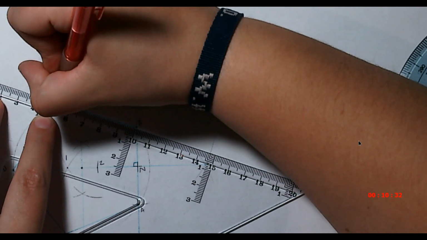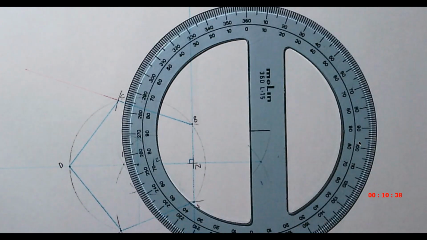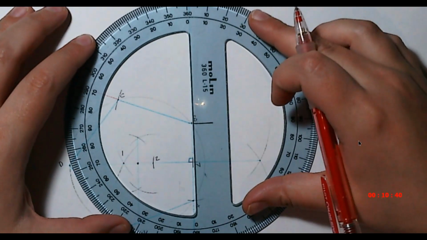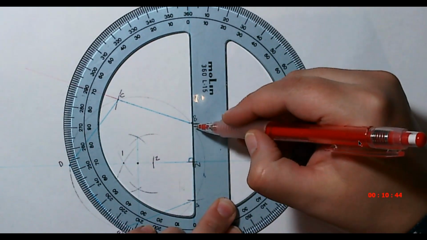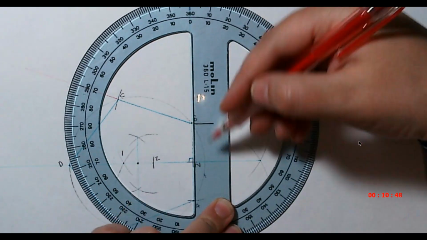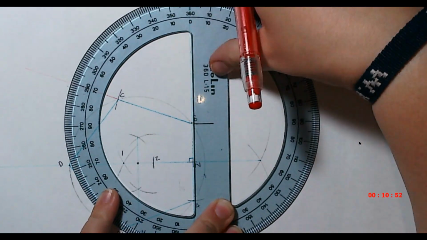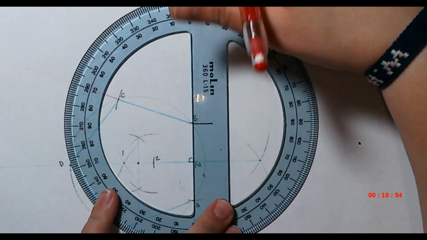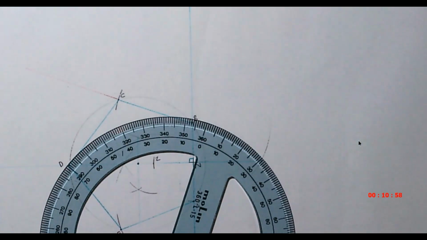I'm not going to draw the entire line again. Just going to extend like that. And when I measure, line it up, make sure that my protractor meets the point and that one of the sides meets 0 or 360. And can you see that when I measure, it is 72 degrees.